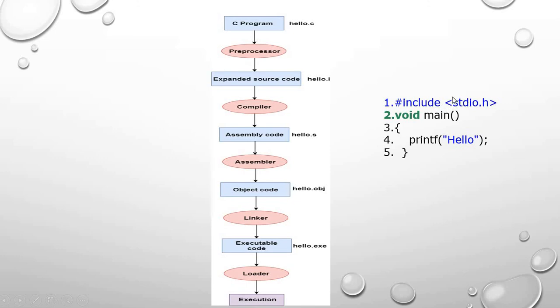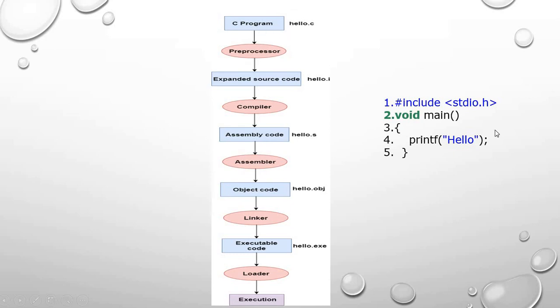Whichever thing we mention within the less than and greater than signs is called a library file or header file. And basically the stdio header file provides me two functions, scanf as well as printf. So for output we use printf and for input scanf is used. And you can see over here printf. Whichever things we have mentioned within the block of the main function, this is my output which will print on my screen. So this is the way it gets executed.